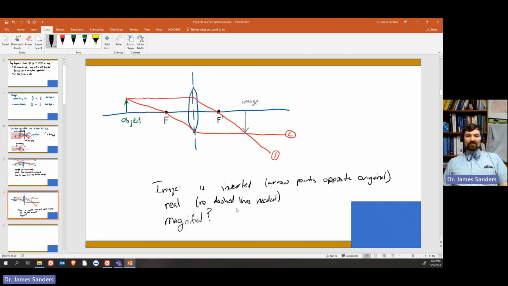I'll call it magnified with a question mark. And it actually depends upon how far away you put the object versus the focal length. If it's very, very far away, if the object distance is great, like 10 or 20 times the focal length, then the image will actually be quite small. So it will be demagnified or miniaturized.